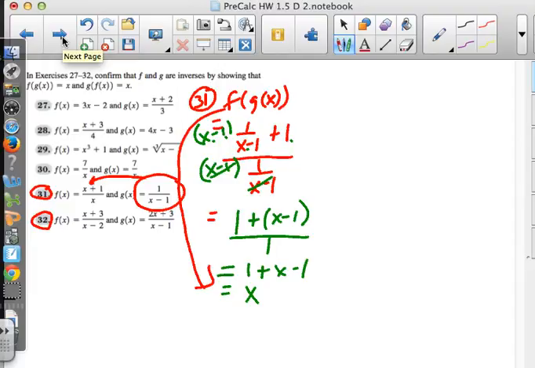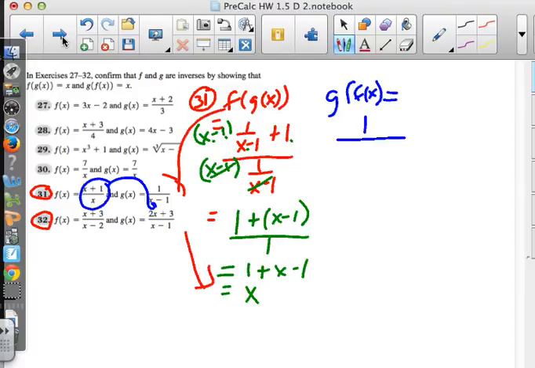And then we do that backwards and find g of f of x. So this goes down here. And that would give us 1 over x plus 1 over x minus 1.